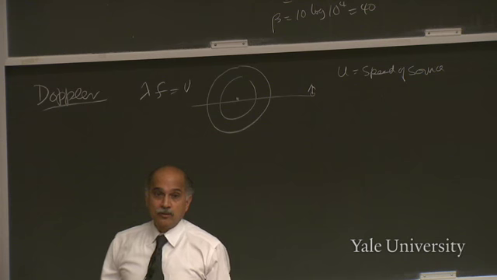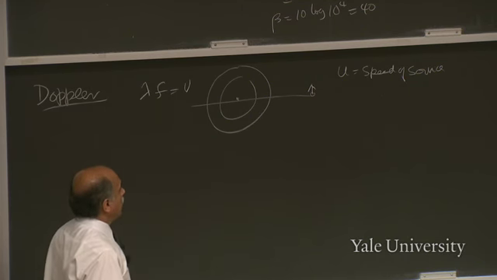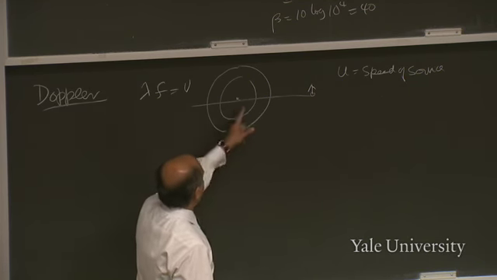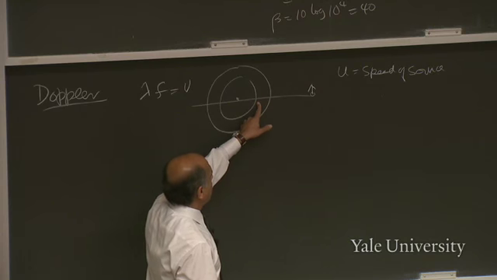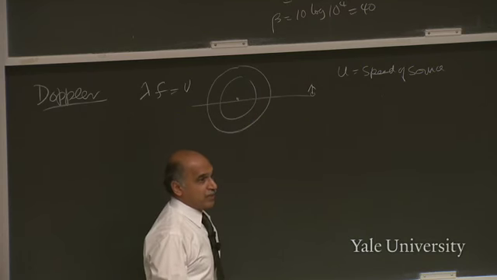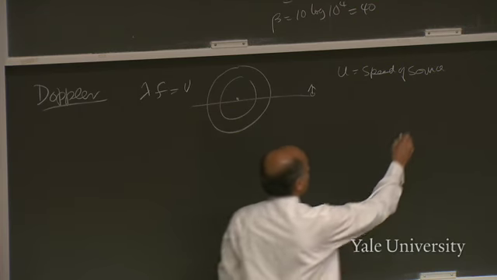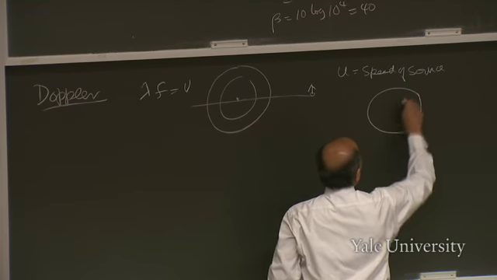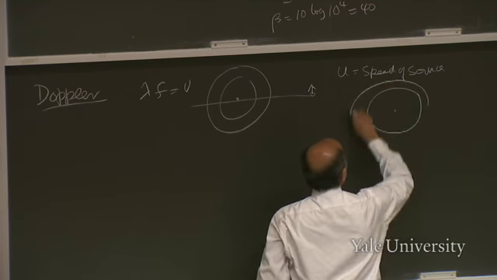So what does the pattern look like? It's not too hard to visualize that having emitted one crest, it's moved to the right before it emits a second crest. So the pattern will get crunched in the forward direction like this.